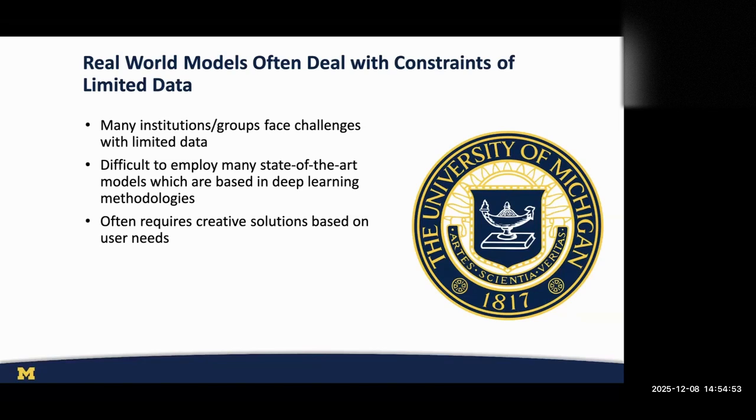Many computer science papers use really large data sets with maybe hundreds of thousands of records, all well curated, and they're creating really complex models to address these problems. In real life, it's very difficult to get those to work because we don't have the sample size that we need to use those models.